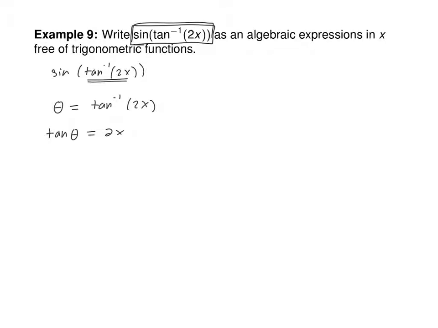Okay, and you can just assume that 2x is in the appropriate place so that the tangent inverse and tangent will cancel. And from there you use a triangle. You can draw the triangle however you want. I just choose to draw it this way and put the theta in the lower left, but you could draw it the other way and put theta in the lower right. And you think about back when you first learned sine, cosine, tangent, what was tangent's definition in terms of a triangle?